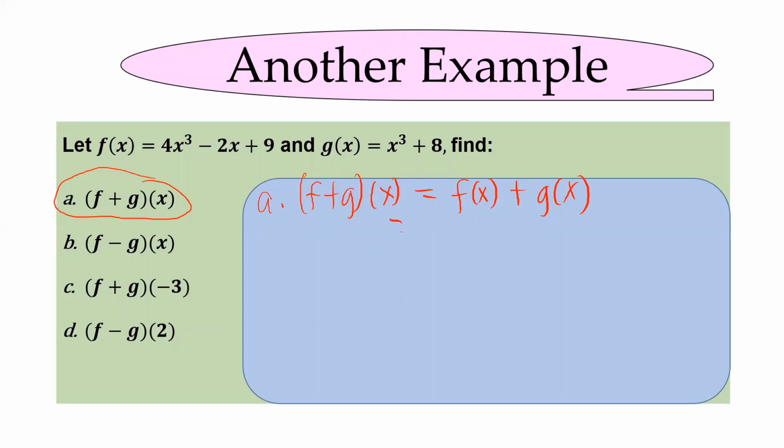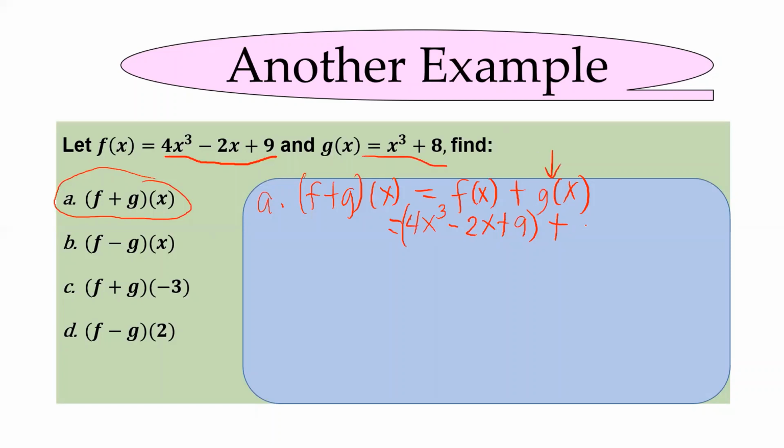For f of x, we have here, ito, 4x cubed minus 2x. Okay, huwag kalimutan yung parentheses. Plus 9. Close parentheses. Bring down this one. Okay, yung plus dito. Then, substitute the g of x. Ito, here.